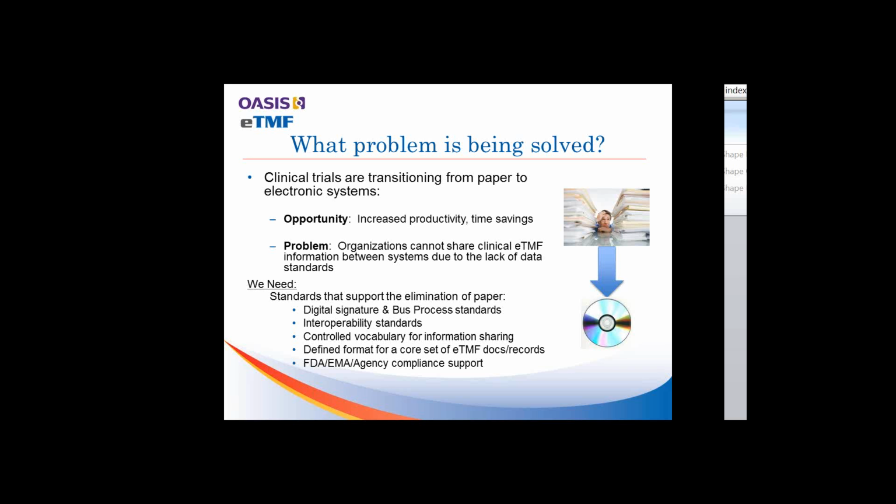Think of it more like the internet, as I said. When you go to do a search, you take it for granted that if you type in a search in a browser you can find multiple result sets. Today, if you do that in eTMF systems, you're only going to find information within a very small subset of records that probably work only with your system.